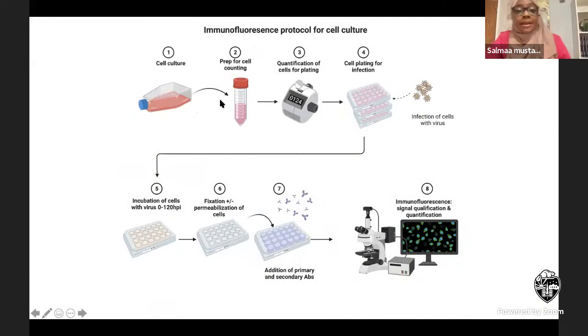Once you're ready to plate them, you count them, right? You also need to know how many cells you need to plate. It's different for 24 well plates, 12 well plates, 8 well plates.